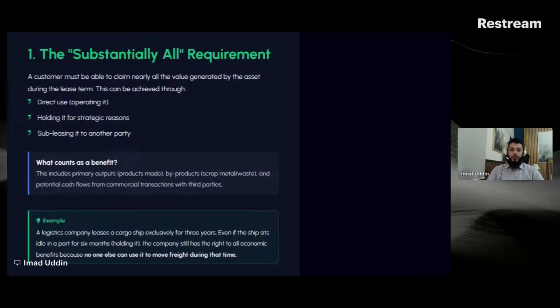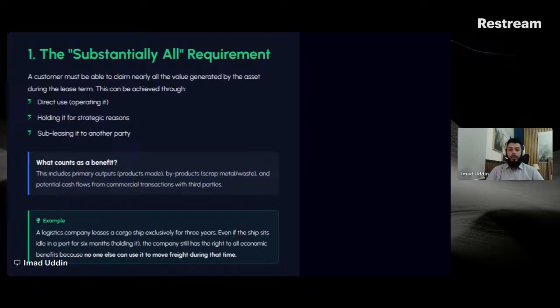If I can obtain the benefits from a particular office by using it and residing in it, then I can obtain substantially all benefits by using it, right? So it depends on what the purpose of use is. So what counts as a benefit?